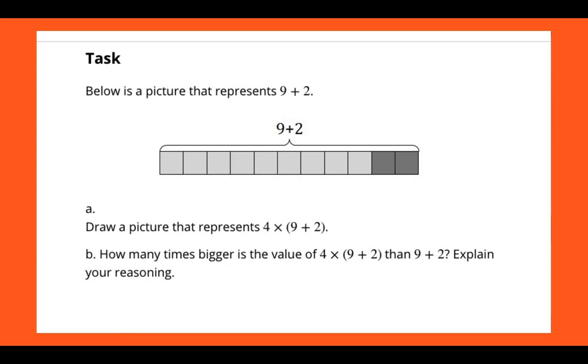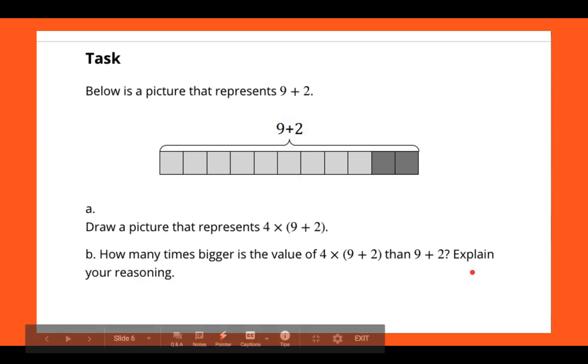How many times bigger is the value of 4 times 9 plus 2 than 9 plus 2? Explain your reasoning, okay? So here you have to draw a model for this expression and then explain why. How many times bigger is this value than this, and explain your thinking, okay?